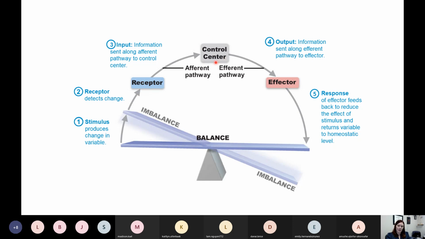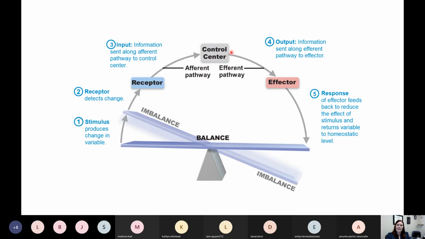So the control center is the part of a homeostasis arc that can figure out what needs to happen. When my receptor says I'm too hot, my control center has to figure out how to make me cooler, how to get me back to normal. When my receptor says my blood sugar is way too high, my control center needs to figure out how to fix it.